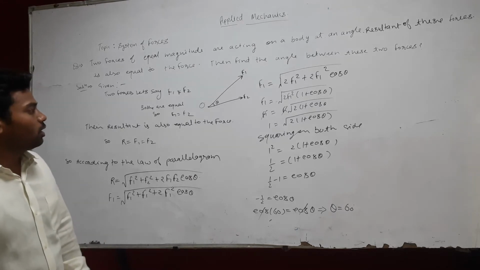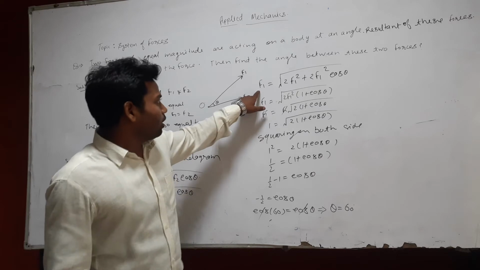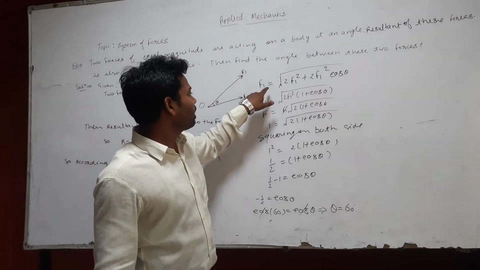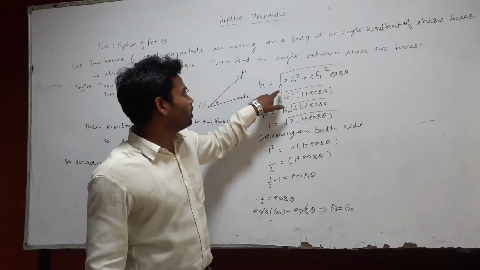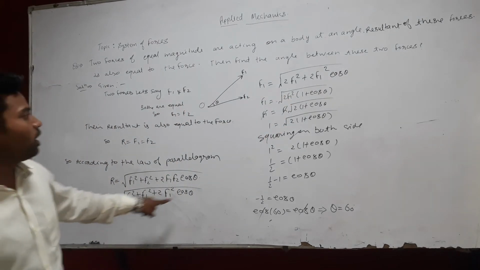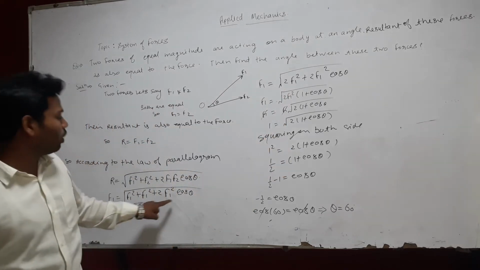Resultant F1 equals root over F1 square plus F1 square plus 2F1 square cos theta.